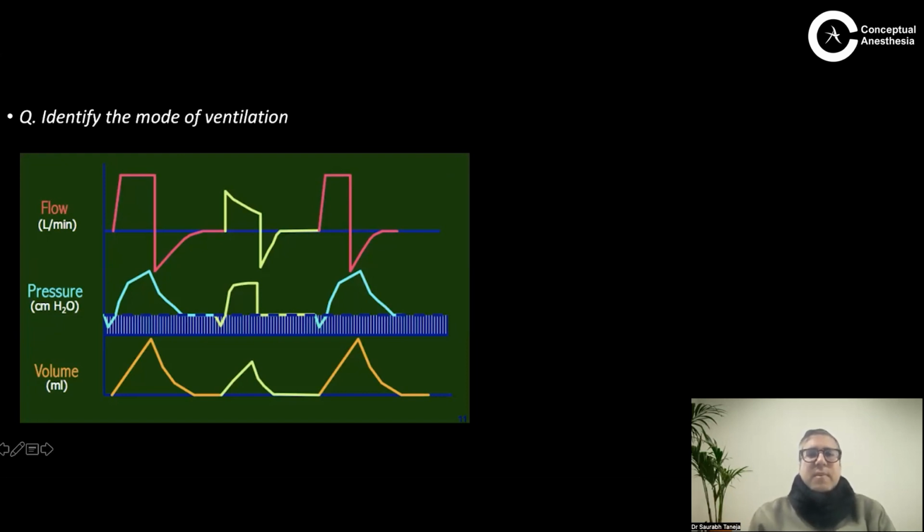So these are scalars. Is this okay? You can all text yes if you can identify that these are scalars. If I explain this, you will get the hang of graphics. Can you identify the flow, the pressure and the volume on the y-axis and the time on the x-axis? Write a yes for this.